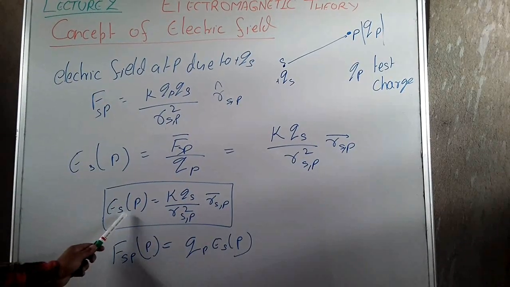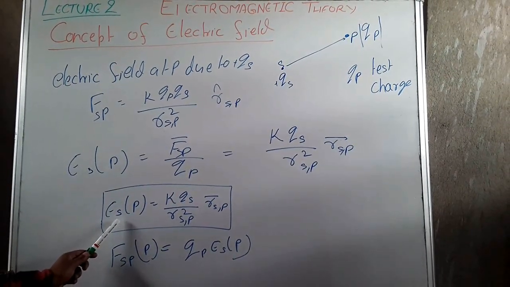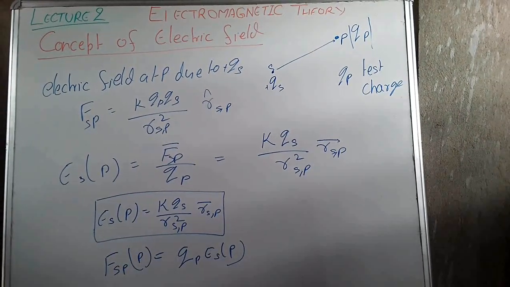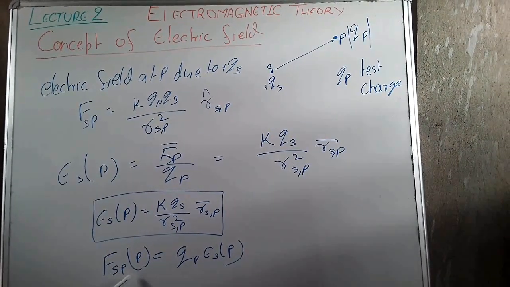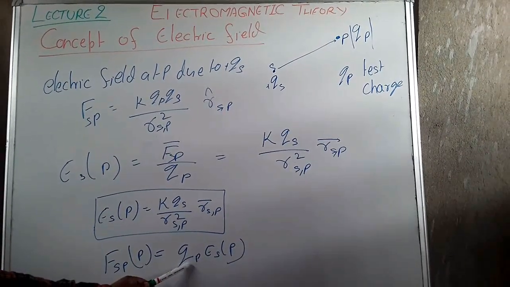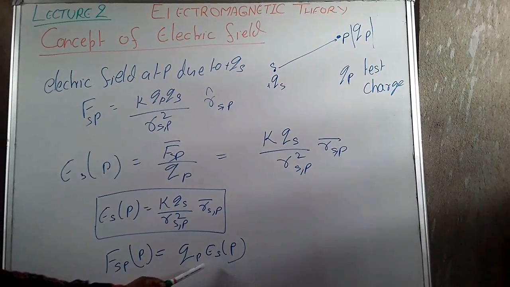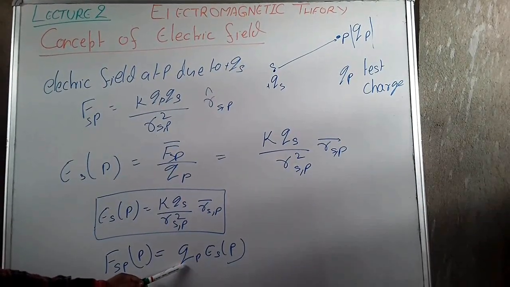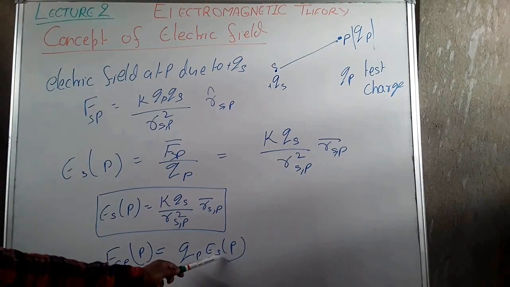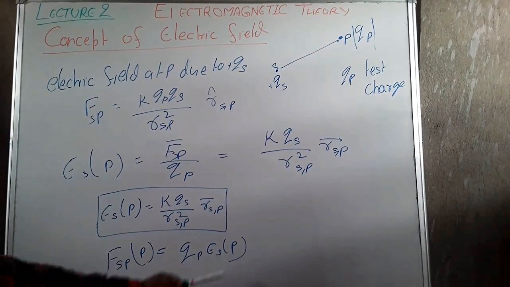So this is the formula of the electric field, and the force at point P will be Qp ESP, where Qp is the test charge, or how much charge is placed at P, multiplied by the electric field.